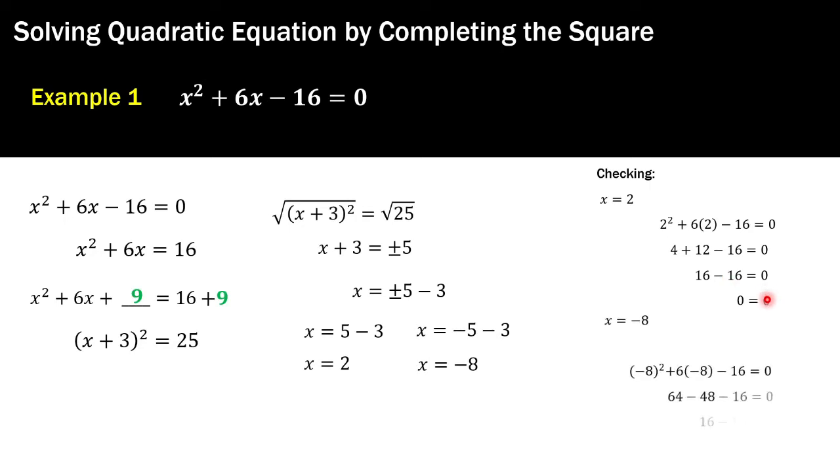For x is equal to negative 8, negative 8 squared is 64. 6 times negative 8 is negative 48, and that would be 64 minus 48 is 16 minus 16 is equal to 0. Therefore, the solutions of x squared plus 6x minus 16 is equal to 0 are 2 and negative 8.